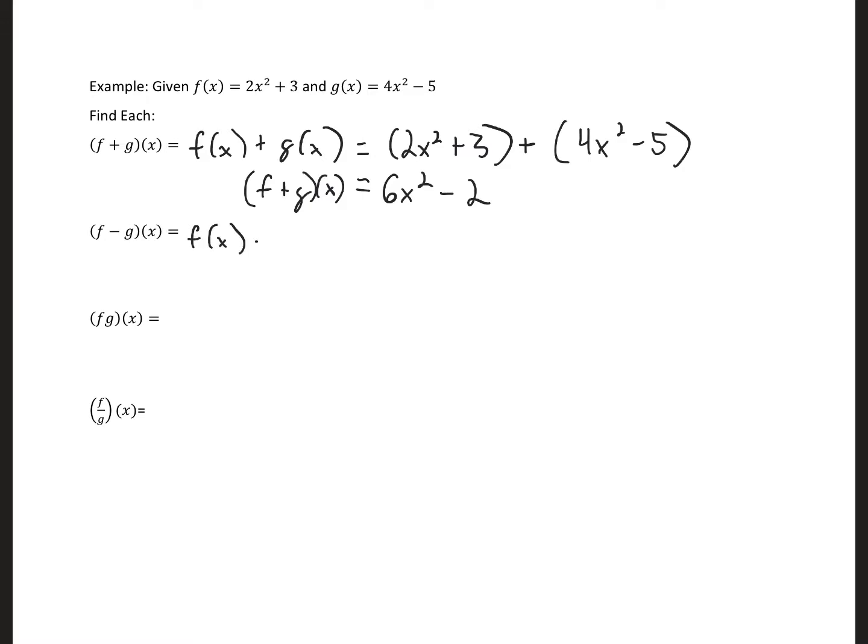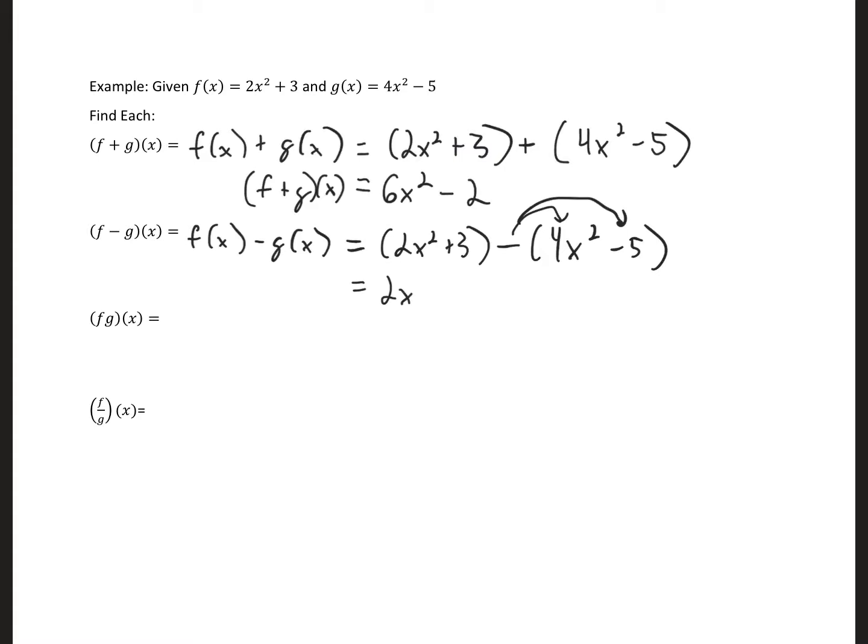This is saying to take f of x and subtract g of x. So 2x squared plus 3 minus 4x squared minus 5. And this is where I like the parentheses, because this shows that this is going to change both of these signs back here.